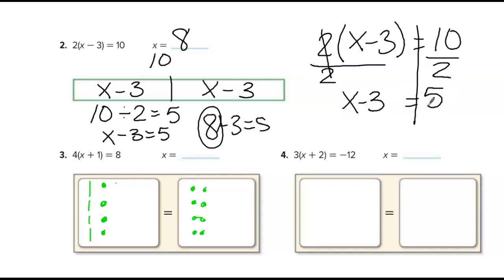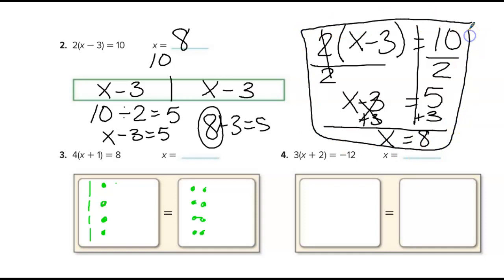I have a negative 3, so I would add 3 to both sides. Made 0 pairs, x equals 8. That is the algebra style of what you did with your bar diagram. So that's one way that you can solve these problems.